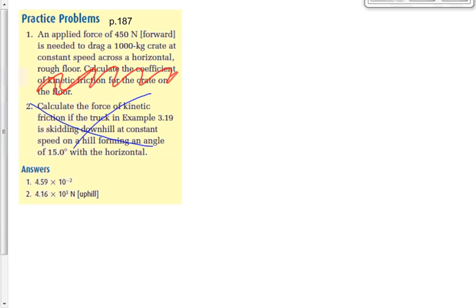So we're going to say that, look, this is the applied force, 450 newtons. But if it's moving at a constant speed, the net force we know has to be 0. If it's at rest or at a constant speed, the net force is 0. And if the net force is 0 and I push with 450 that way, then friction has got to push with 450 that way.